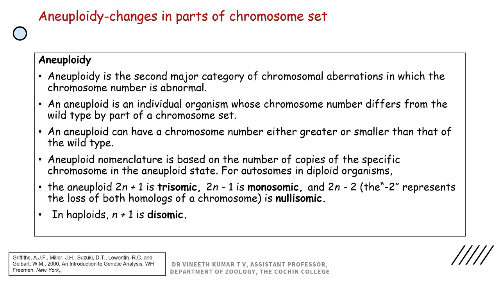An aneuploid can have a chromosome number either greater or smaller than that of the wild type. The nomenclature is based on the number of copies of a specific chromosome in the aneuploid state.